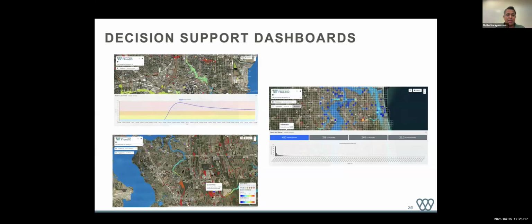We went through a whole community and city engagement process to identify their needs. We're also looking at structures impacted during and after an event. And this really is helping the city managers make good decisions ahead of an event.